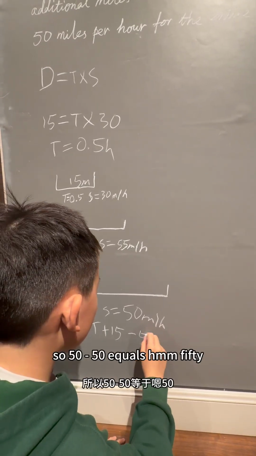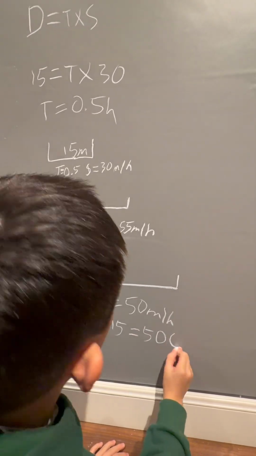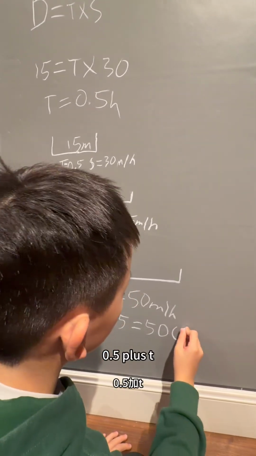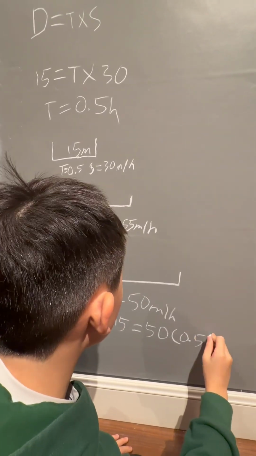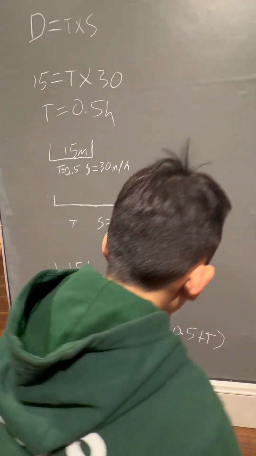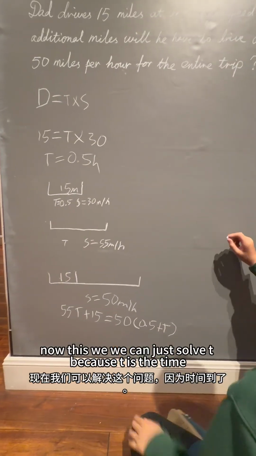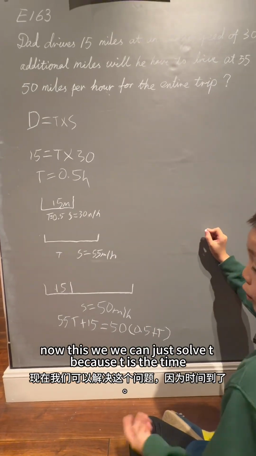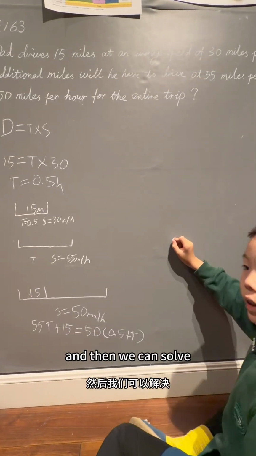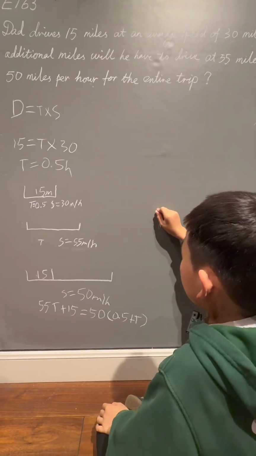So 55t plus 15 equals 50 times (0.5 plus t). Now we can just solve for t, because t is the time.